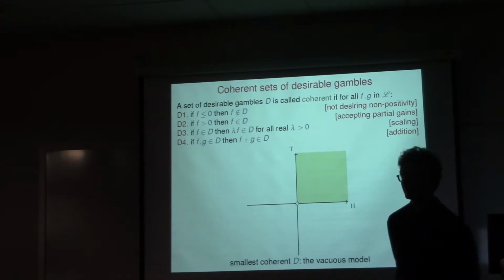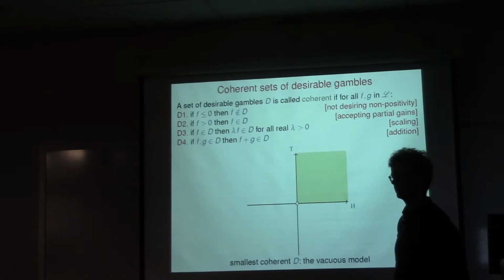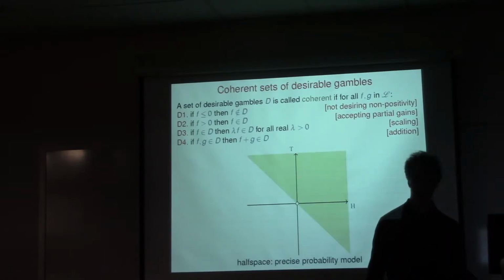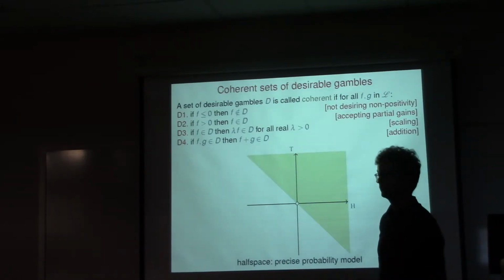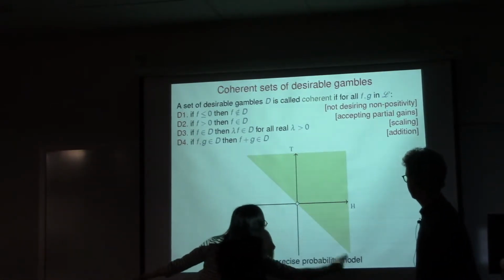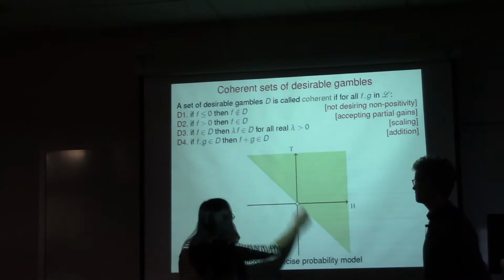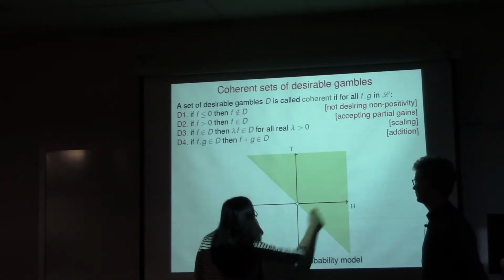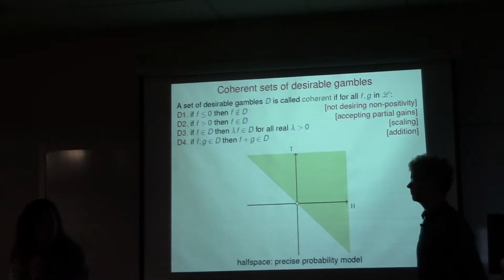Well, the way that I think of it, you should correct me if I'm wrong. You had this picture with the vacuous model and the half space being the most precise model. Suppose that this is the truth, and you claim that the vacuous model is what you endorse.